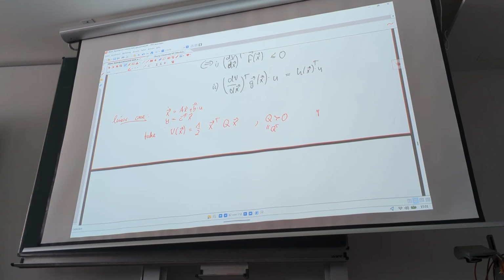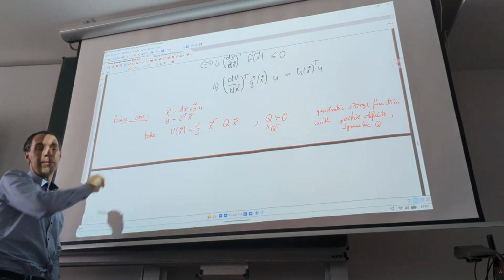So this would be a quadratic storage function with positive definite, symmetric Q. Now, the question is, of course, whether this always exists.